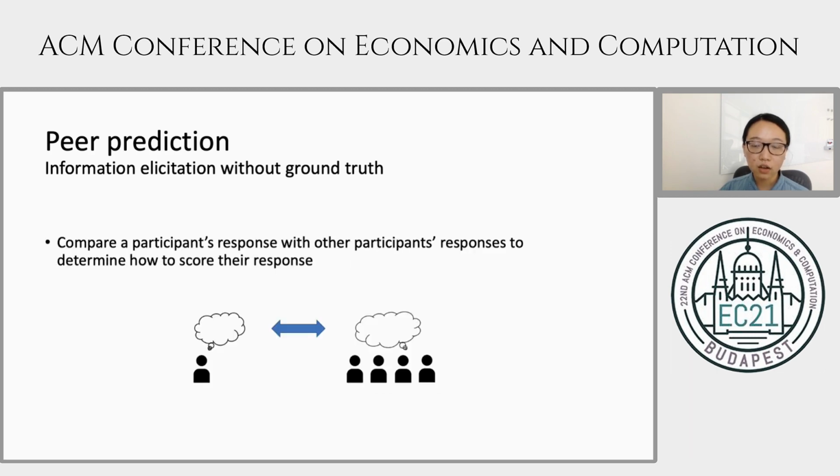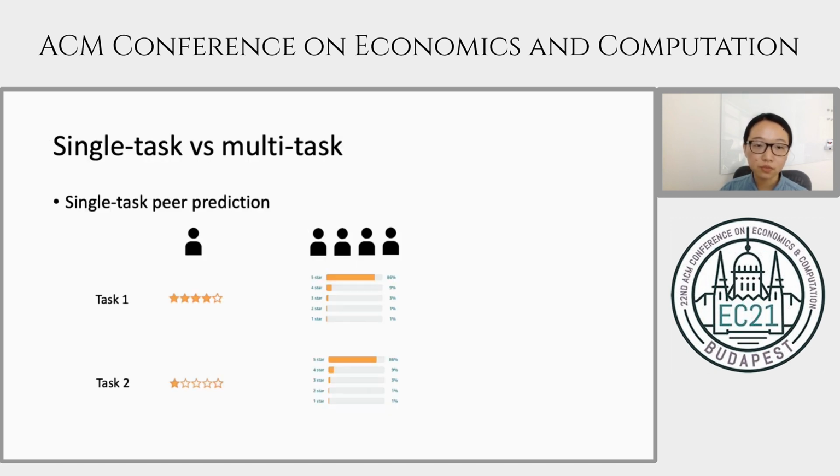So the key idea of peer prediction is that we can compare a participant's response with other participants' responses. And when there's a correlation between their truthful responses, the designer may be able to incentivize truthful reporting. The peer prediction problem was first studied in the single task setting.